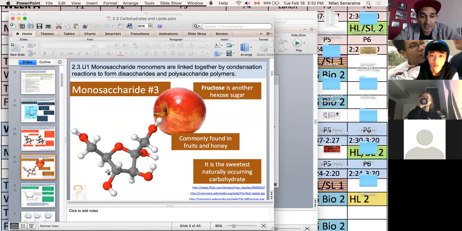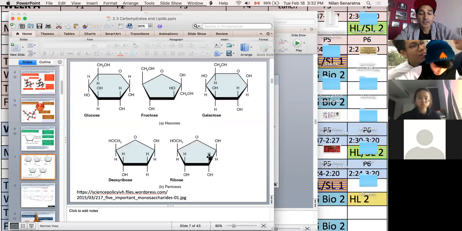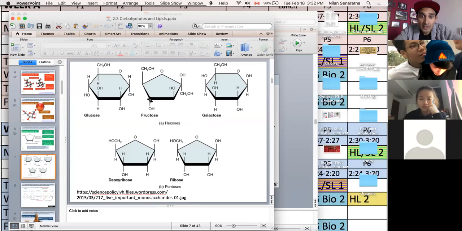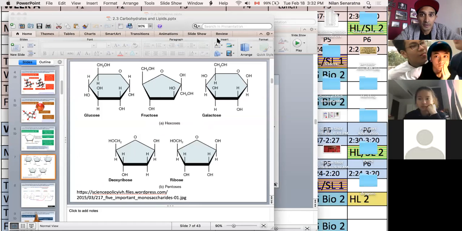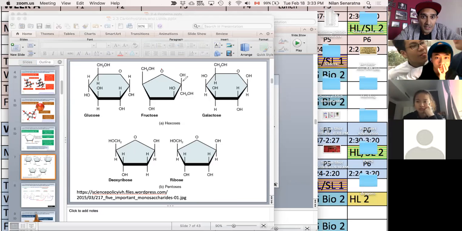Even in the slide here, here's fructose. It has a pentagon shape like this, but it has 1, 2, 3, 4, 5, 6 carbons. So therefore, it is still a hexose.